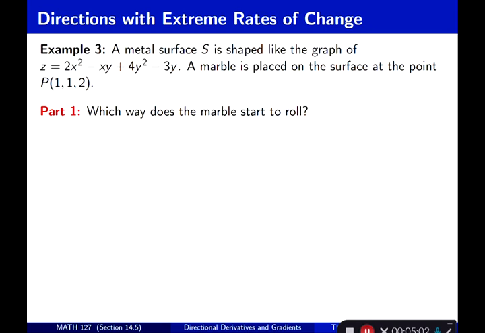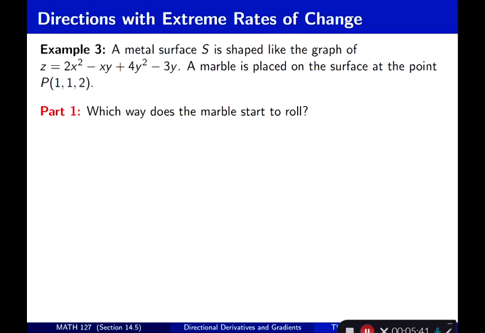Now let's do an example. A metal surface S is shaped like the graph of z = 2x² - xy + 4xy² - 3y. A marble is placed on the surface at the point P (1, 1, 2). Part 1: Which way does the marble start to roll? How does this relate to what we just said?